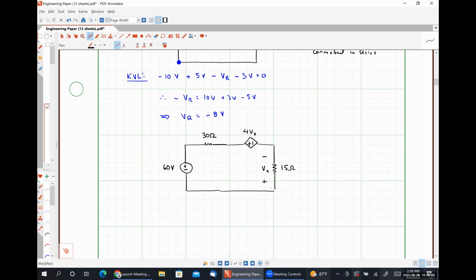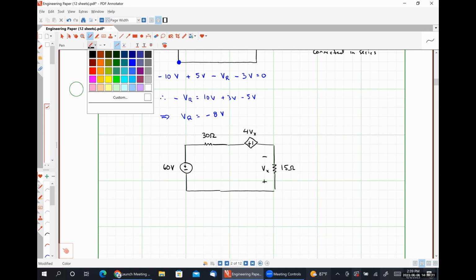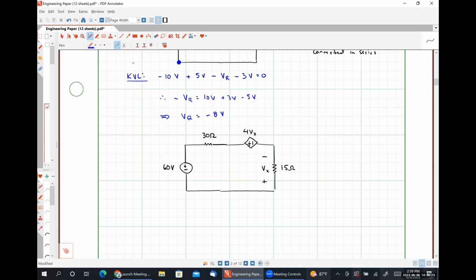And my goal here is to determine the following two things. I want us to determine the value of this current.